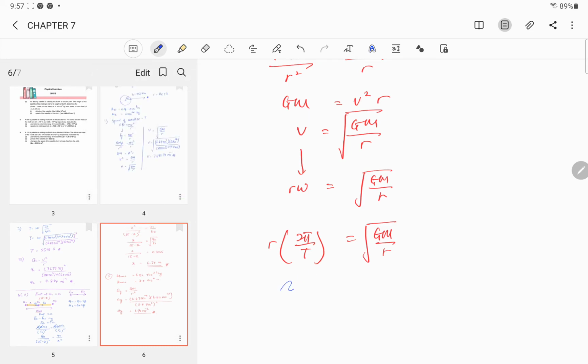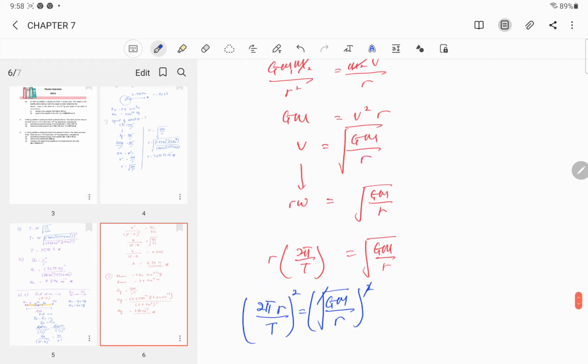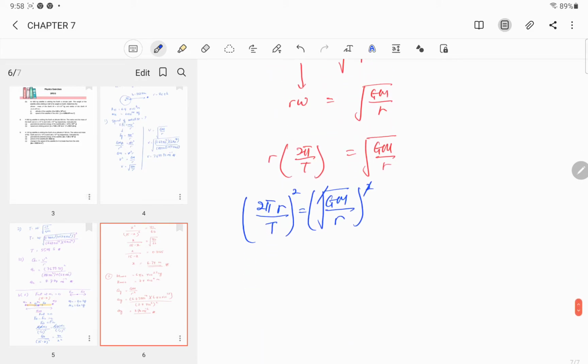Okay, so akan jadi kat sini R 2 pi over T, whole squared, equal to GM over R. So bila kita kuasa 2 kan, kita cancel lah. Okay, so kat sini kita akan ada 4 pi squared R squared over T squared equal to GM over R.